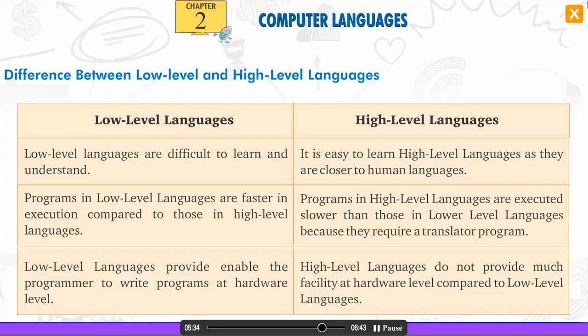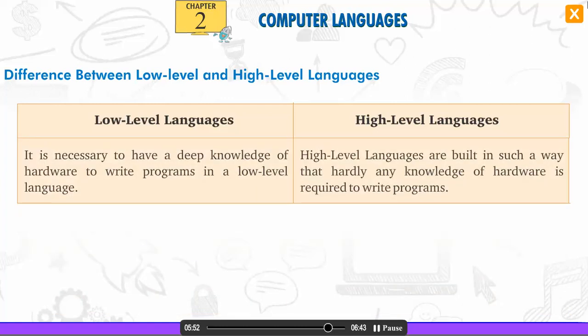Low-level languages enable the programmer to write programs at hardware level. High-level languages do not provide much facility at hardware level compared to low-level languages. It is necessary to have a deep knowledge of hardware to write programs in a low-level language. High-level languages are built in such a way that hardly any knowledge of hardware is required to write programs.